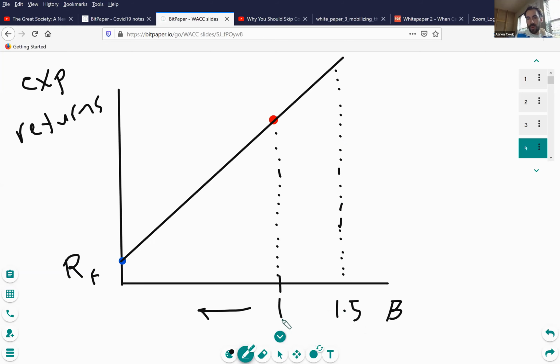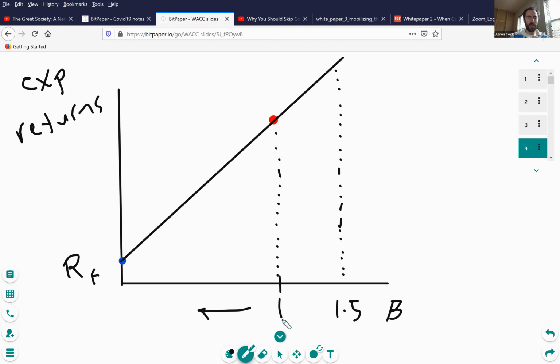An asset that has a beta of 1.5 is going to, on average, it's not going to be a firm statistical relationship where you're always having everything move exactly in a predictable way, up and down.